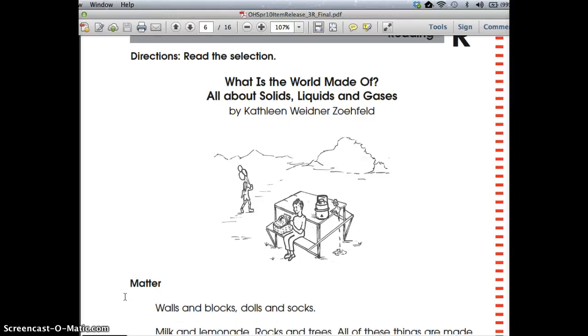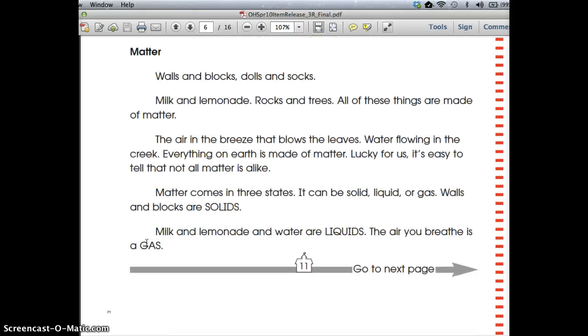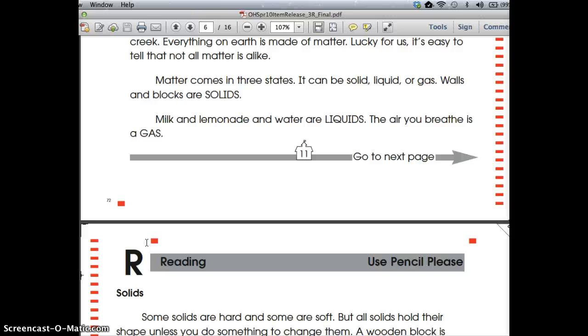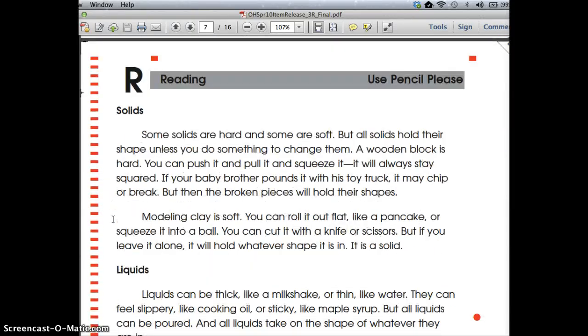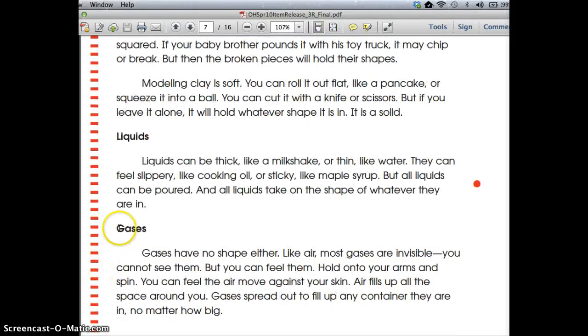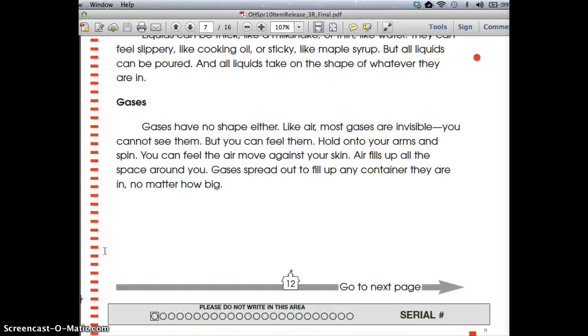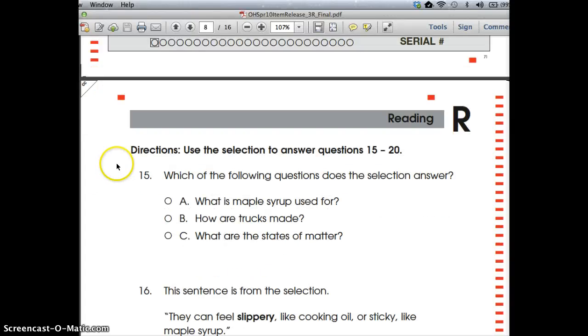It starts out with a section called Matter, and then some information under that. When you turn the page, there's a section on solids, a section on liquids, and then a section on gases. Go past that selection and you're ready to answer the first question.